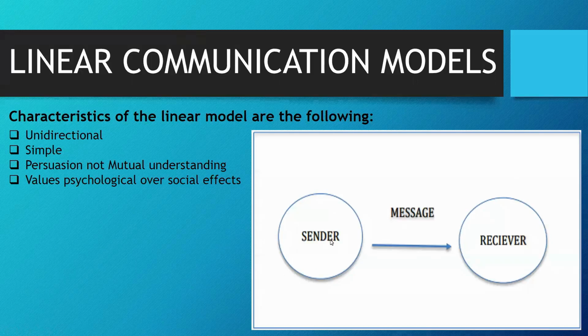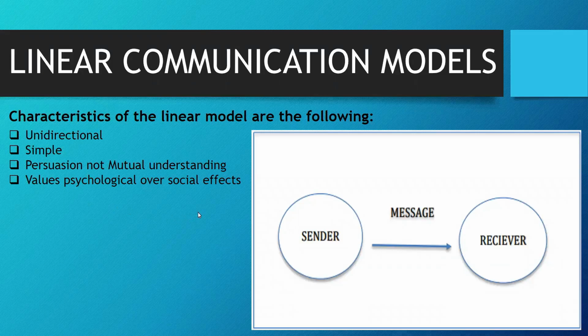Here in the linear communication model, the receiver doesn't have a feedback or response, or the receiver will just receive the message. He or she doesn't have a feedback or response.